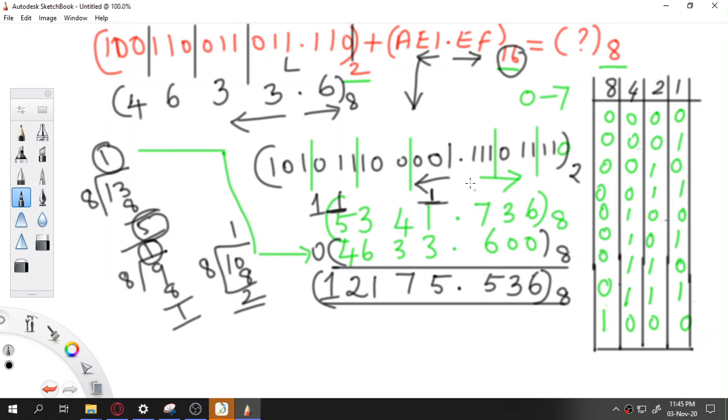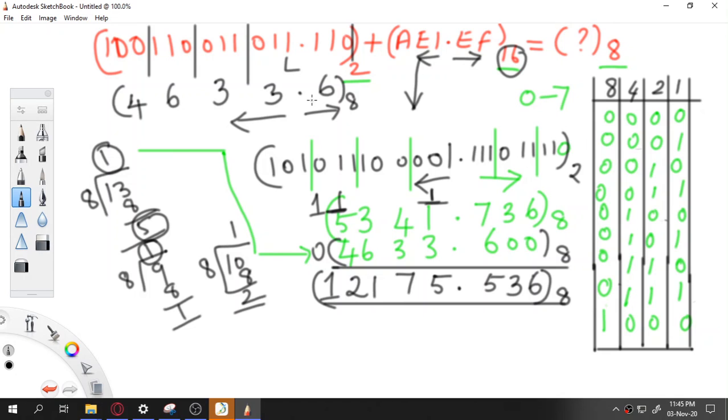Let me repeat the steps in short. Convert all the numbers into the base of the answer. Since we know we can group binary numbers into groups of 3 to make the octal number, just divide from the LSB towards the right side. You have to group in 3s and convert the value from this table over here.